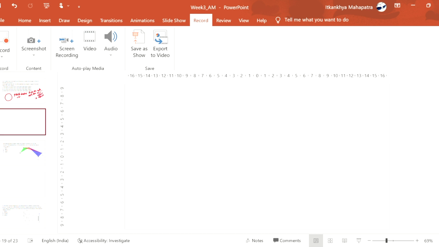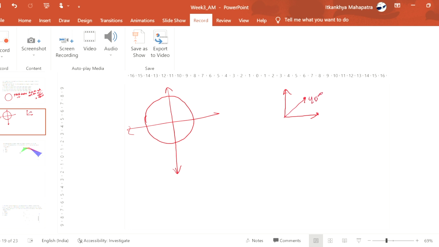So first we will divide the sphere into 4 parts, and I'll explain where all supports are required. Step 1, divide the circle into 4 parts. Now this is considered 90 degrees, this is 45 degrees.